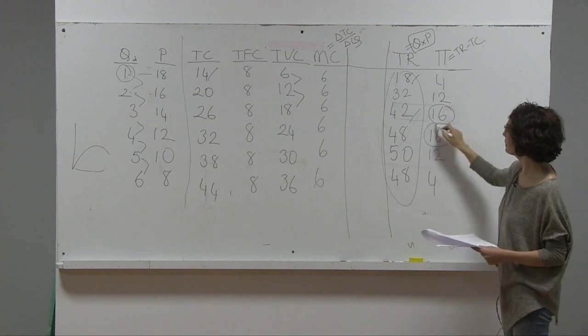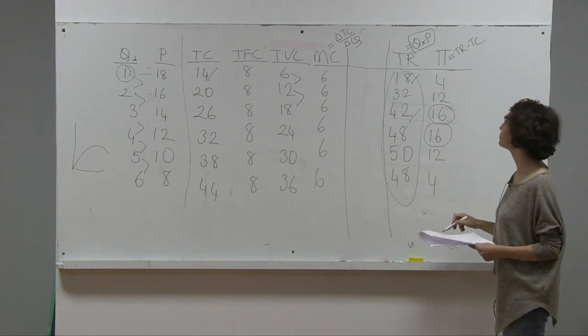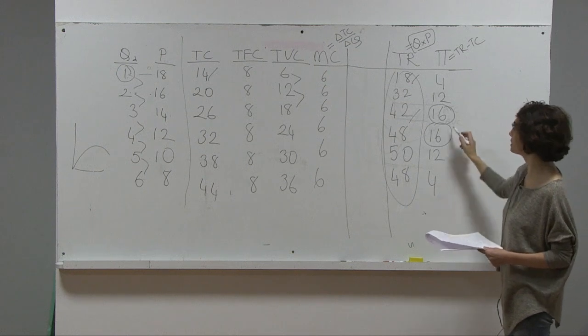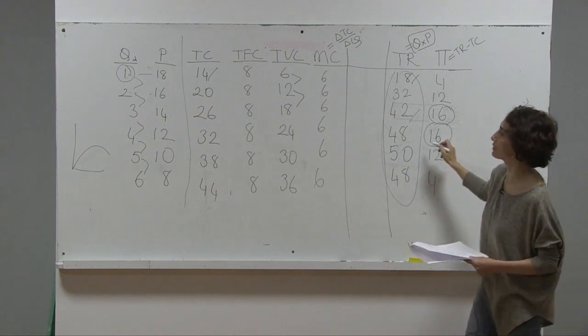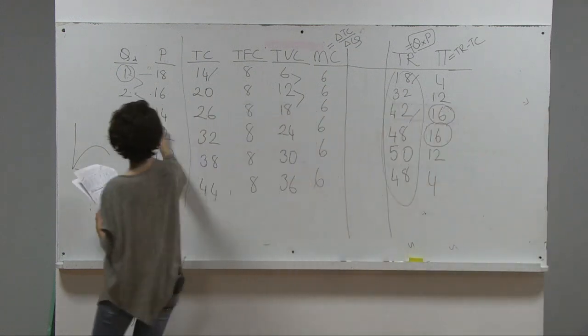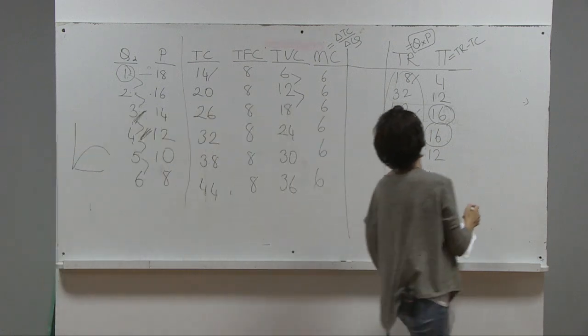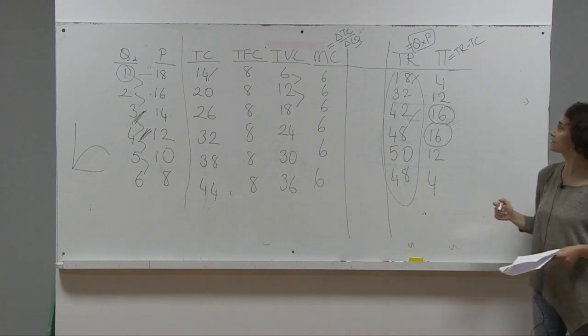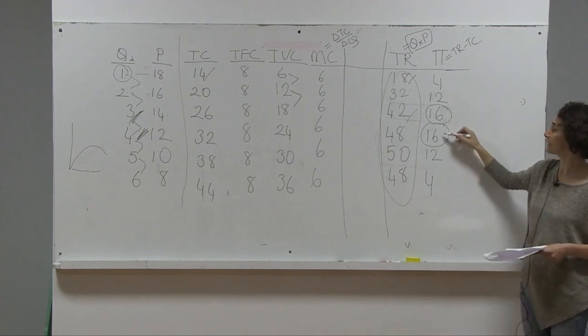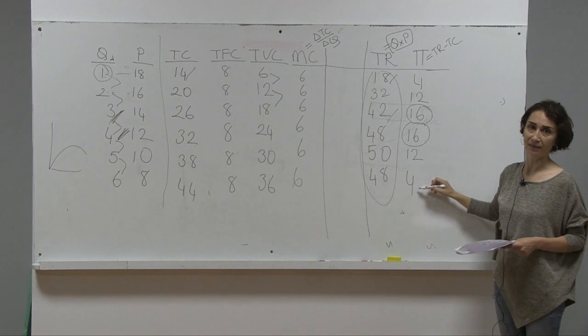Again, apparently it's a weird numerical example. There are 2 points where profit is the maximum, 16, when quantity is 3 and when quantity is 4, right? So profit is increasing and then decreasing.